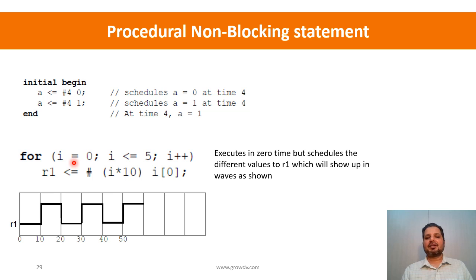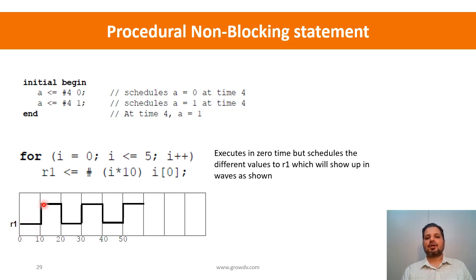When the loop index executes with a value of 0, this will be with a 0 delay, and i of 0 will be 0 at that point of time, and so we will see the 0 being assigned to r1, and then at the point when i becomes 1, this will become 10, and i of 0 will have the value of 1 at that point of time, because the index value is 1, and hence that is scheduled at the value of 10.